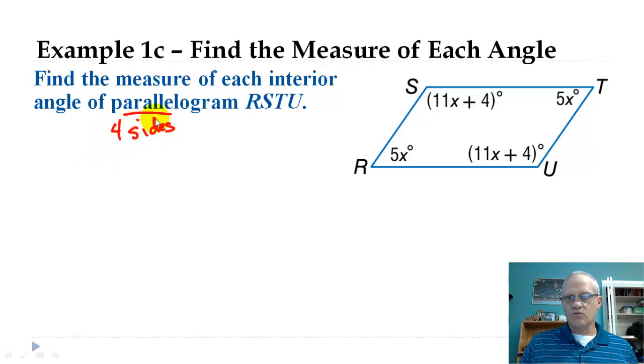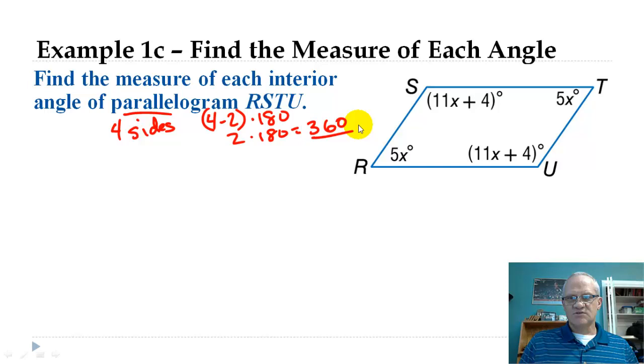All right, well, why don't we say, let's find out how many degrees are supposed to be total in all of these here. Okay, well, how could we do that? Well, with 4 sides, we just do 4 minus 2 times 180. So this is really 2 times 180, which is 360. So there should be 360 degrees all together in here.